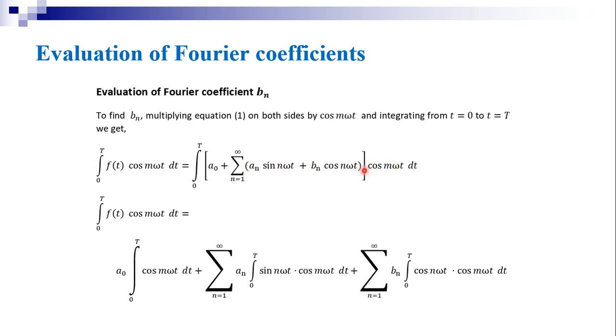So here we have to multiply the term cos m omega t to expression 1.